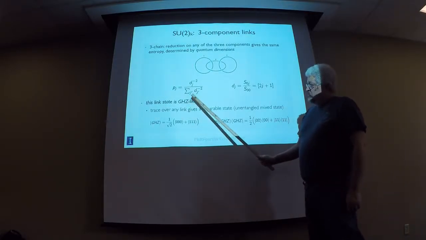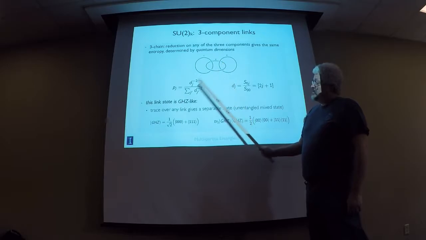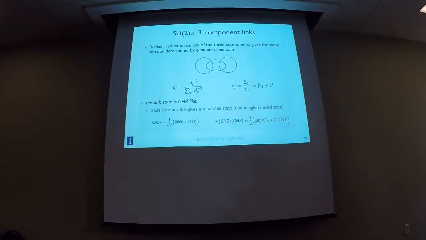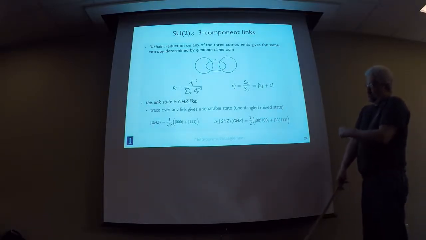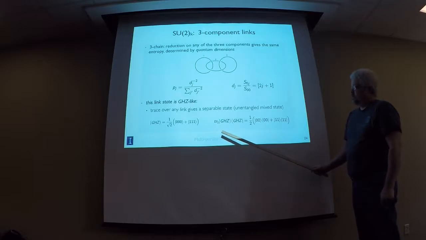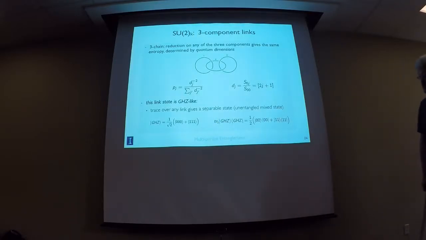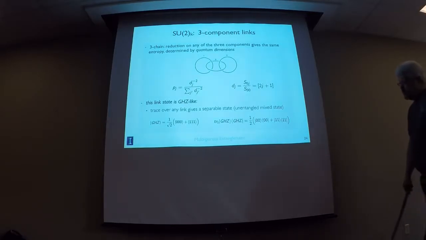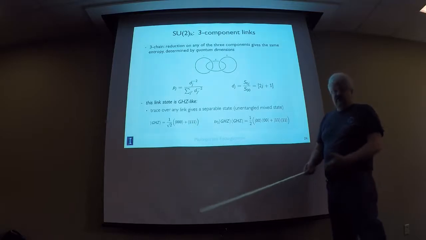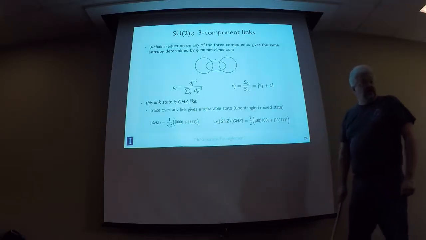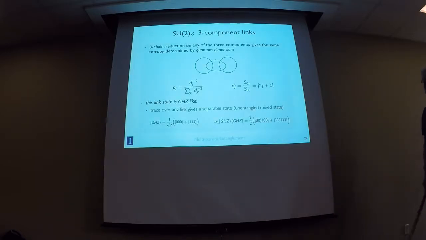In terms of quantum information, this state you can think of as so-called GHZ-like. What I'm referring to here, and I'll come back to this a little bit later, is a classification of distinct states that have distinct entanglement properties in the case where I have 3 qubits.